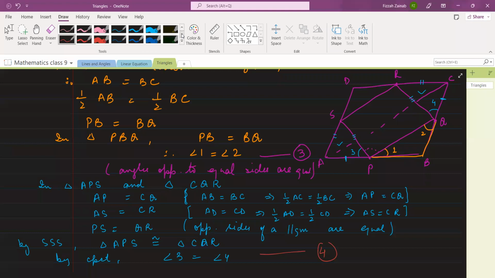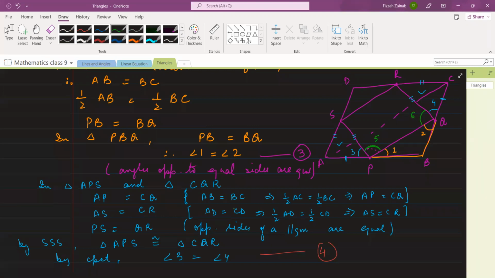Right, Jocelyn. Now one more thing we do here: let us give this one some name. I'm calling this angle 5 and this angle 6. Is that clear? Now look at the figure very carefully. The inside quadrilateral, which is PQRS, we have already shown that it is a parallelogram, right?